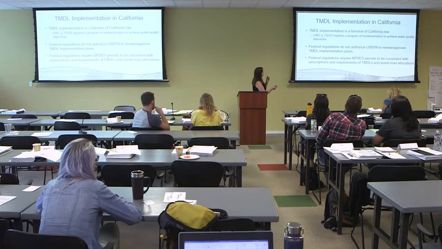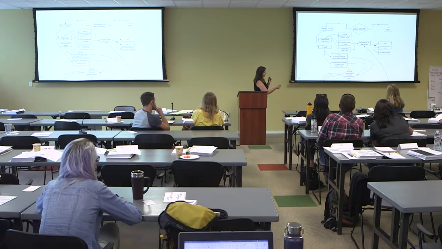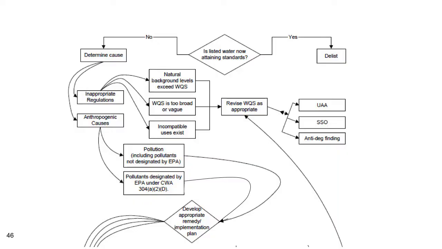And so we have a listing that we're prioritizing for addressing. So it may be that we delist because we find more information and it's no longer a problem. We may take it through a standards action to revise the standard, or it may be that you drop down into the TMDL development world.